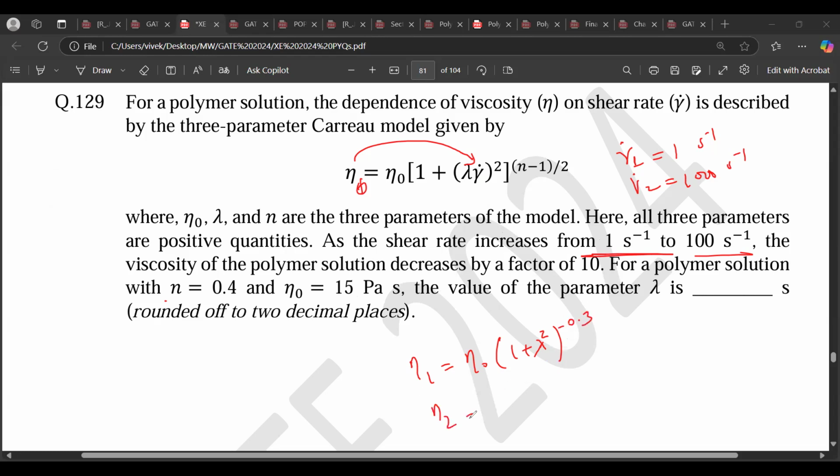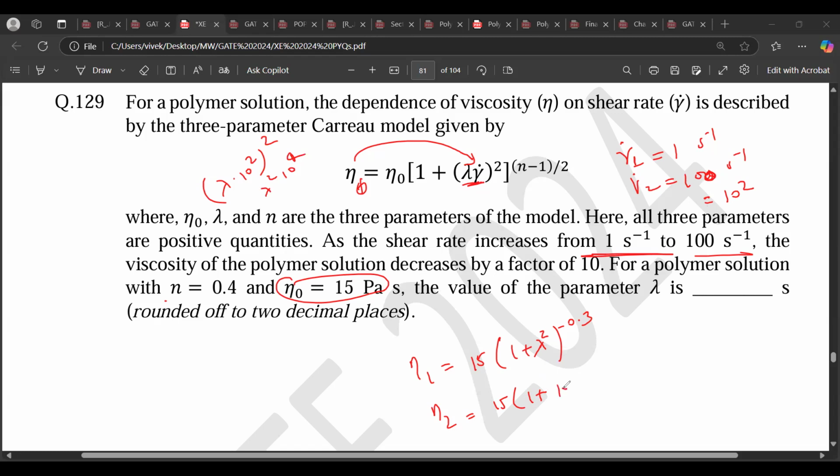Similarly, I can write for eta 2. Of course, eta naught is also given as 15, so let me write 15 here. And similarly, eta 2, 15 into 1 plus, and then our gamma dot is 10 to the power 2. Sorry, 10 power how much? 100, no? So 10 power 2. So it's lambda into 10 to the power 2 whole squared, that is lambda squared 10 to the power 4, right?